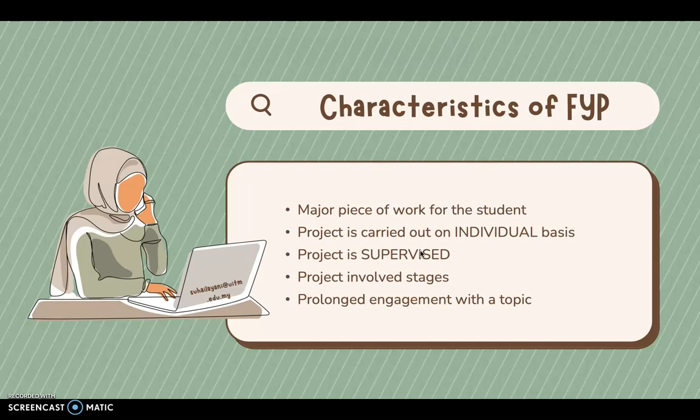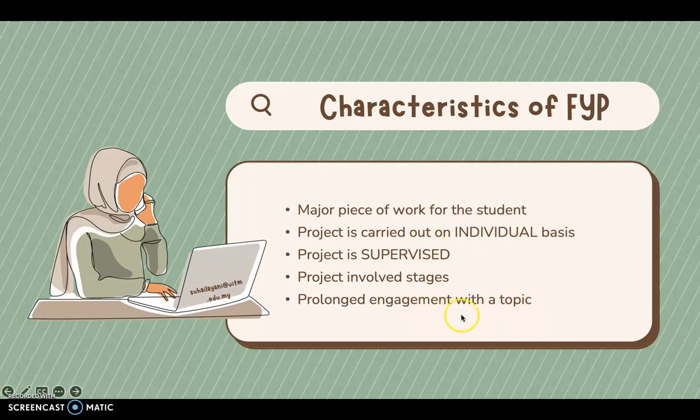The project in FYP involves stages. It's not directly developing the system. Usually we follow the waterfall model, where we start with planning, then analysis, development and testing. So we follow the stages to develop a complete system.